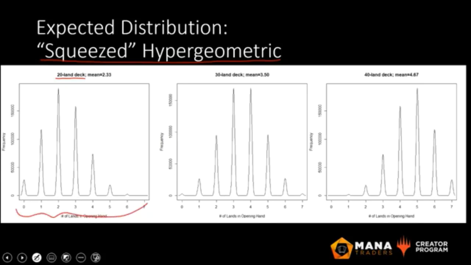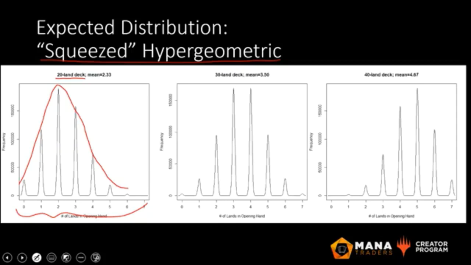So you can see that. This is using a fair shuffler, meaning without the hand selector algorithm, without any additional feature. If I draw a line connecting these points, that's how the distribution of your lands is going to look in the opening hand if you just have the shuffler.